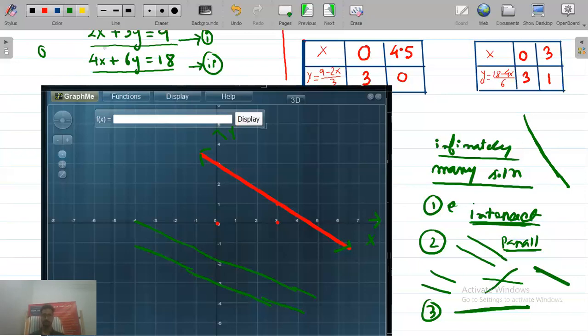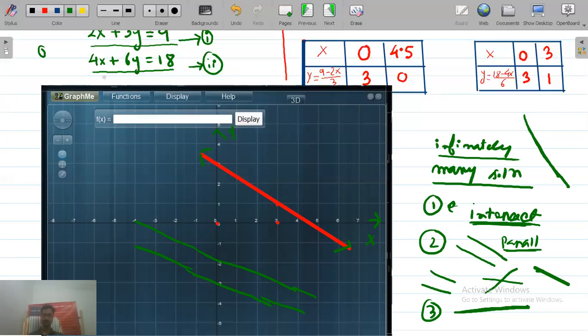Second, when the lines denoted by these two equations are parallel to each other like this, then these two equations cannot have any solution. Third, when the lines denoted by the linear equations coincide with each other, overlapping, then they can have infinitely many solutions. These are the three conditions.